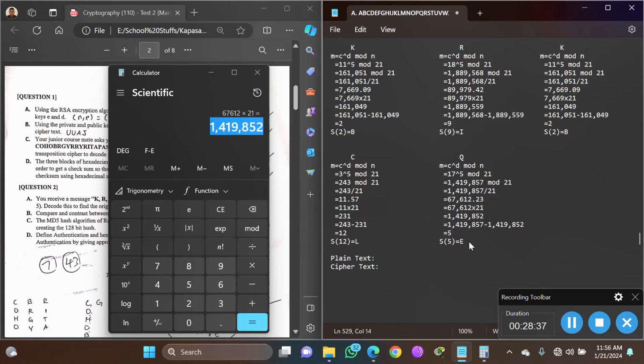So the ciphertext was R K C Q. Based on what we have decoded, the first K is B, then R has become I. Then another K, which was B again, so it's B. Then C became L. Then this Q became E. So now this ciphertext, KRKCQ, becomes Bible.